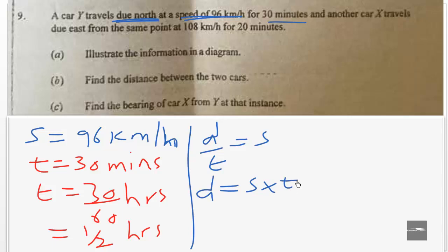To calculate the distance covered by car Y, let's call it d1, the distance of car Y is equal to the speed, which is 96, times the time, which is 1 over 2, and that will give us 48 kilometers.